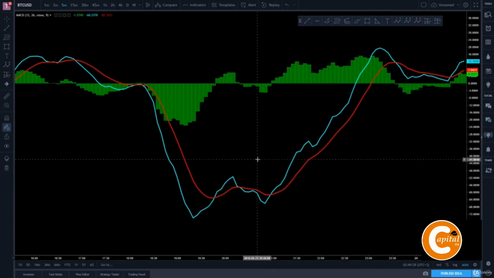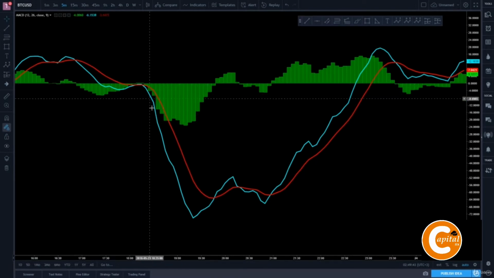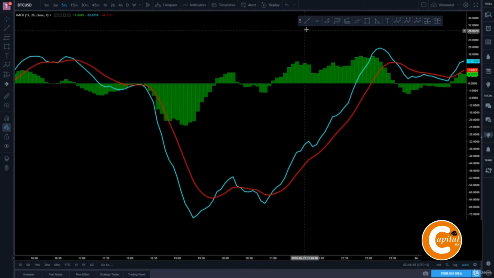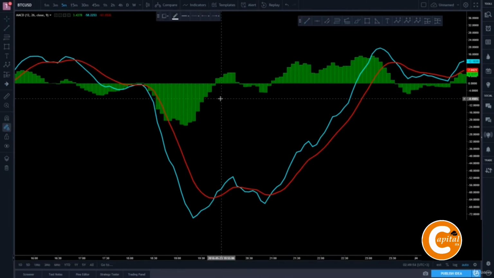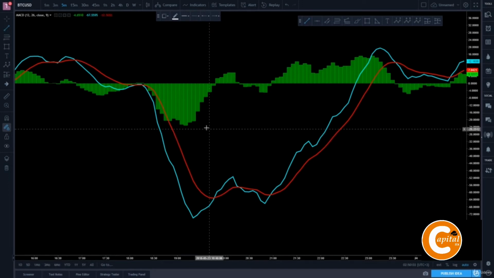But you can also spot the crossover early if you look at the histogram and look for divergences on these bars. The second part of this MACD indicator is the histogram, and these bars show you when we are on the positive side and on the negative side as well. They also allow us to see when the market gains or loses strength.